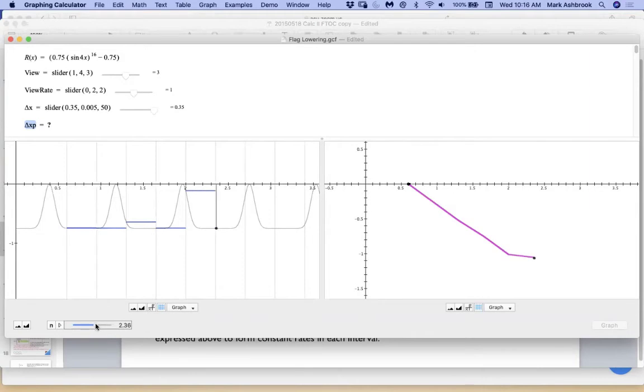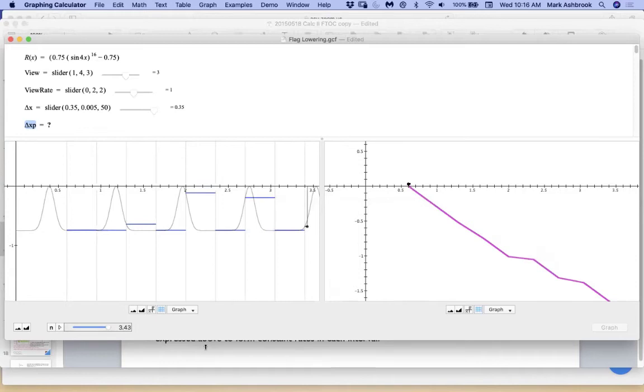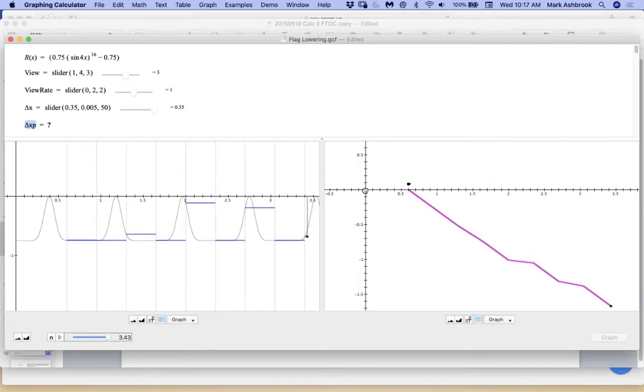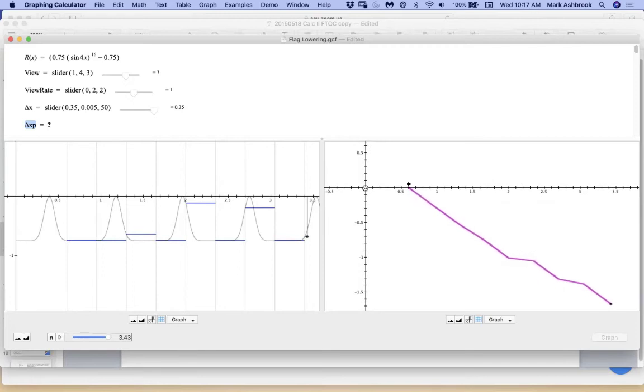And then back to the steepest, negative 0.75. Then back to a shallow decrease, etc. And then steep again. So here's the net accumulation function, the approximate, based on our approximate rate function, which was using intervals of 0.35 and based on the left-hand approach, right?